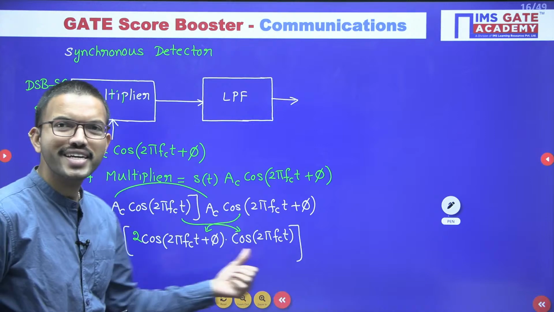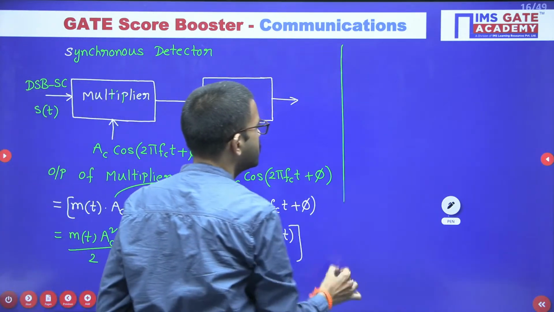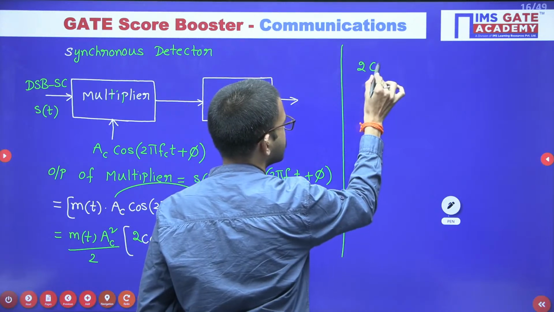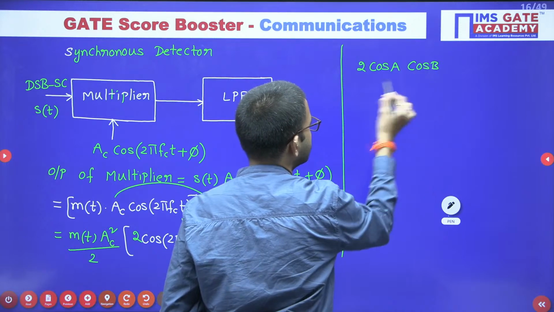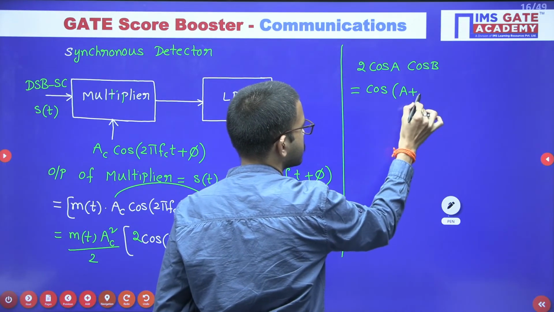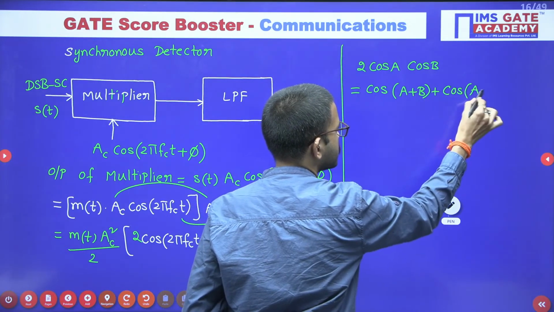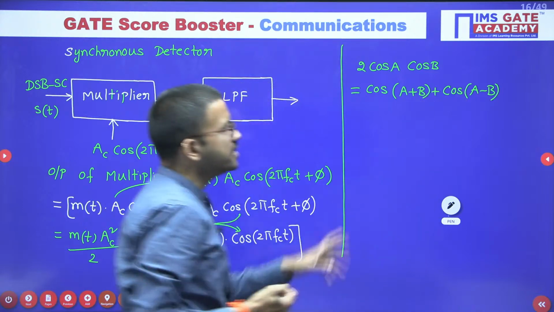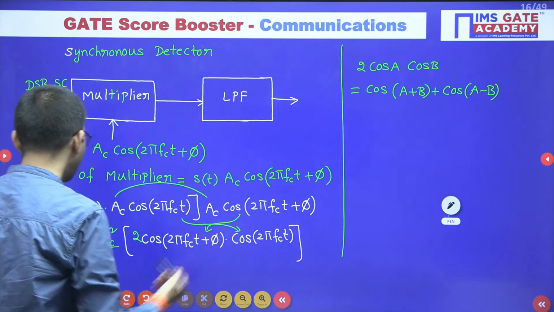I hope all of you know the formula for 2 cos A cos B. What is the formula? 2 cos A cos B is nothing but cos sum plus cos difference, right?